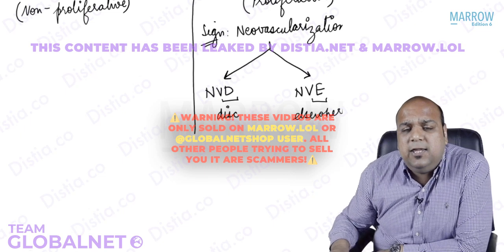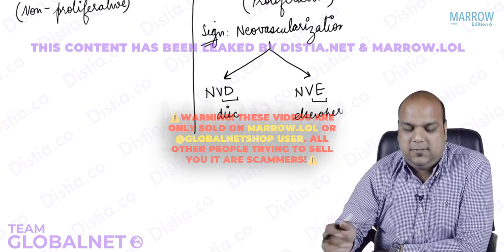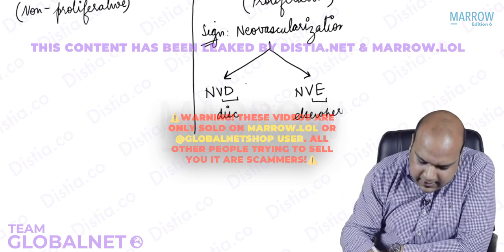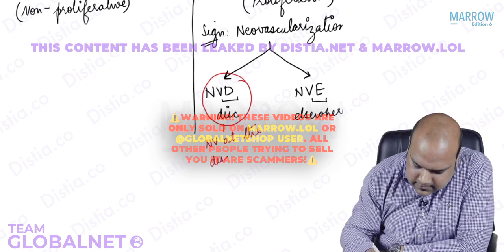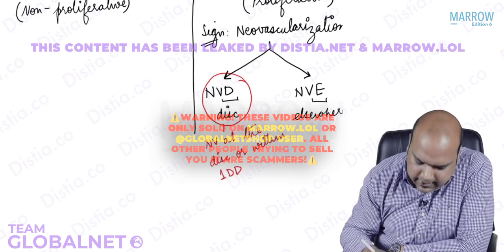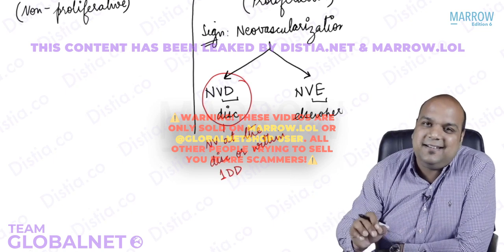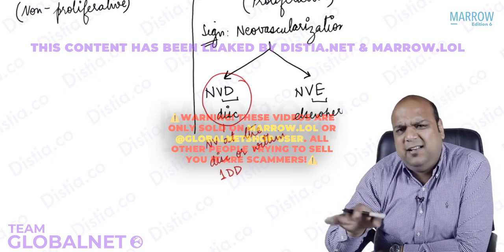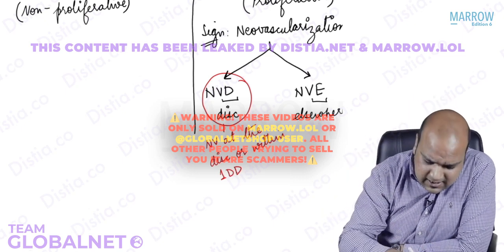So neovascularization can occur either at the disc or elsewhere. How do we define NVD? Neovascularization at the disc or within one disc diameter. Elsewhere means anywhere else in the retina, near the macula, near the ora serrata, in the periphery: NVE.